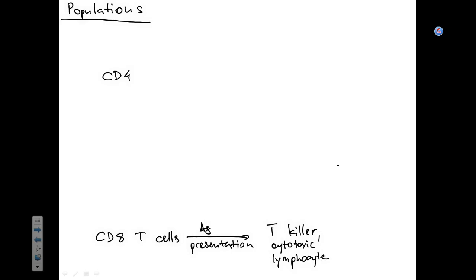What does it do? It kills other cells. Now, if antigen is presented to CD8 cell by antigen presenting cell, can it recognize free floating antigen?